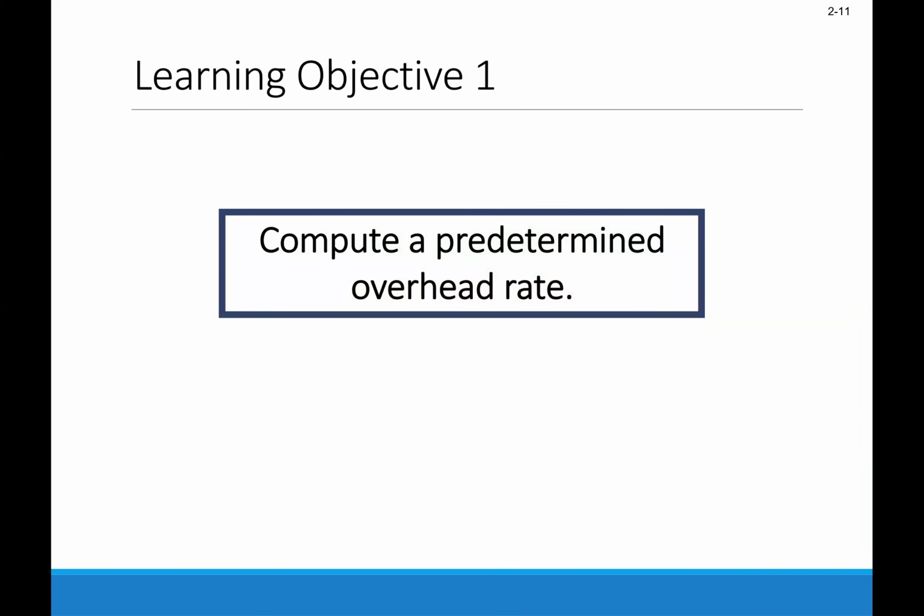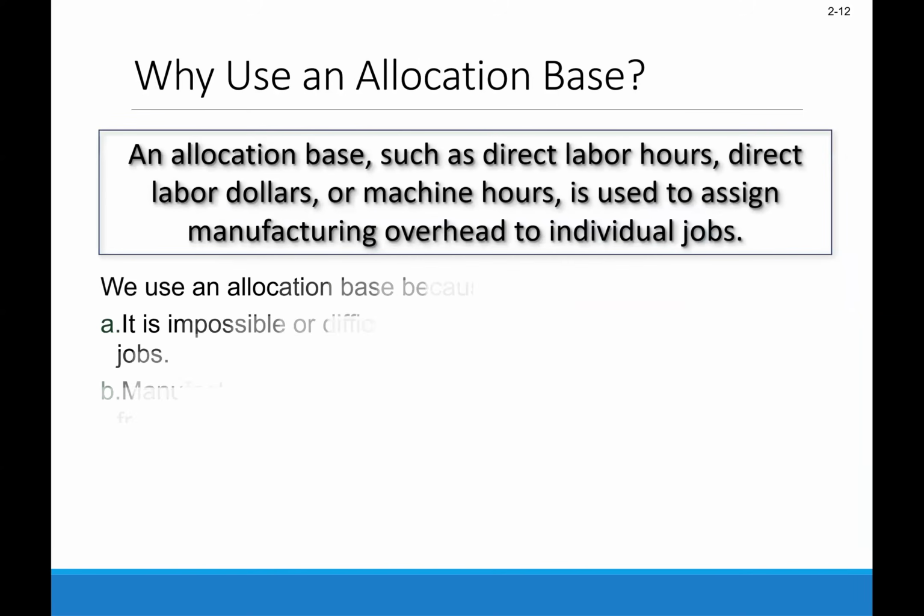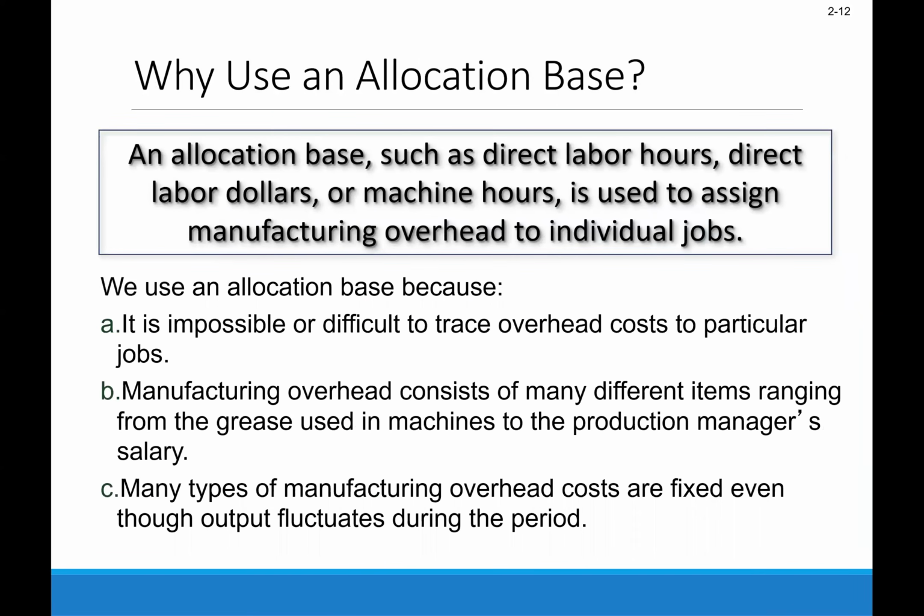So, the key is to come up with, for the manufacturing overhead, a predetermined overhead rate. It has to be predetermined because our costs aren't going to all come in until after this job is done. Therefore, based on history, based on past experience, we need to come up with some type of predetermined rate.